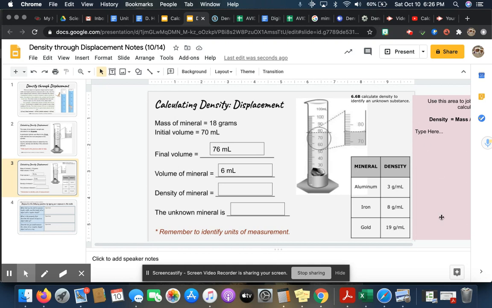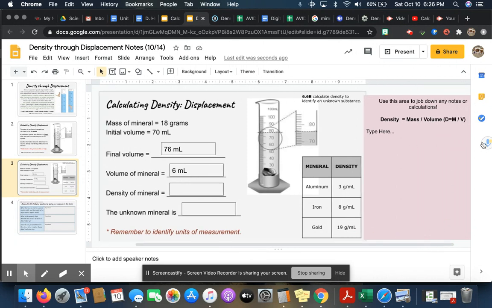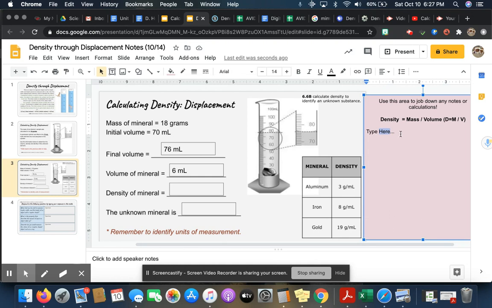So I put this little sticky note over here in case you wanted a reminder of what the calculation for density is, but also if you wanted to jot down any notes, okay? So if I'm going to calculate density, I'm going to set up my problem. So density equals mass.